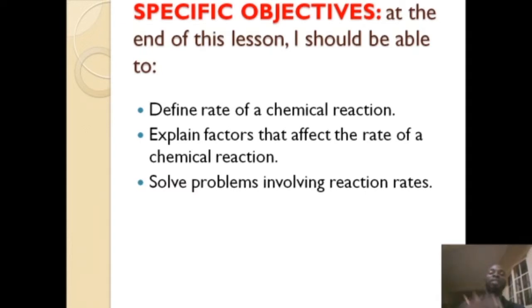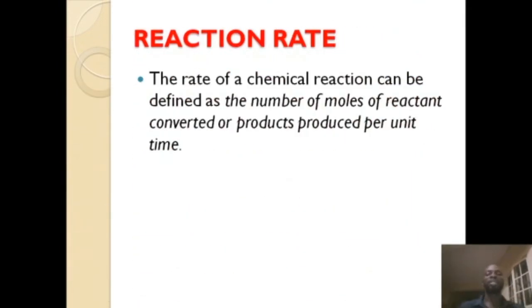So let's look at it holistically. What is the rate of a chemical reaction? The rate of a chemical reaction can be defined as the number of moles, that is, the quantity of reactant converted or products produced per unit time. I wouldn't want to go back to explain what a reactant and a product is, we have done it in previous weeks.